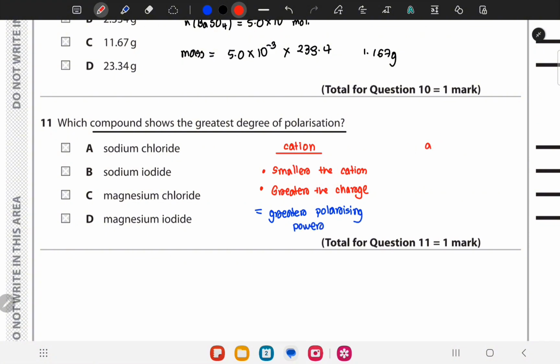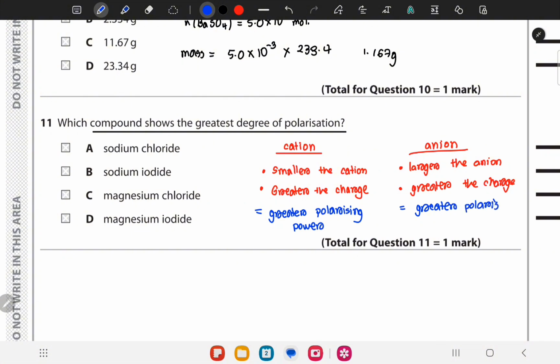Now in case of the anion, larger the anion, greater the charge, will result in greater polarizability. So if the anion is larger, it's easier for the cation to distort its electron cloud.